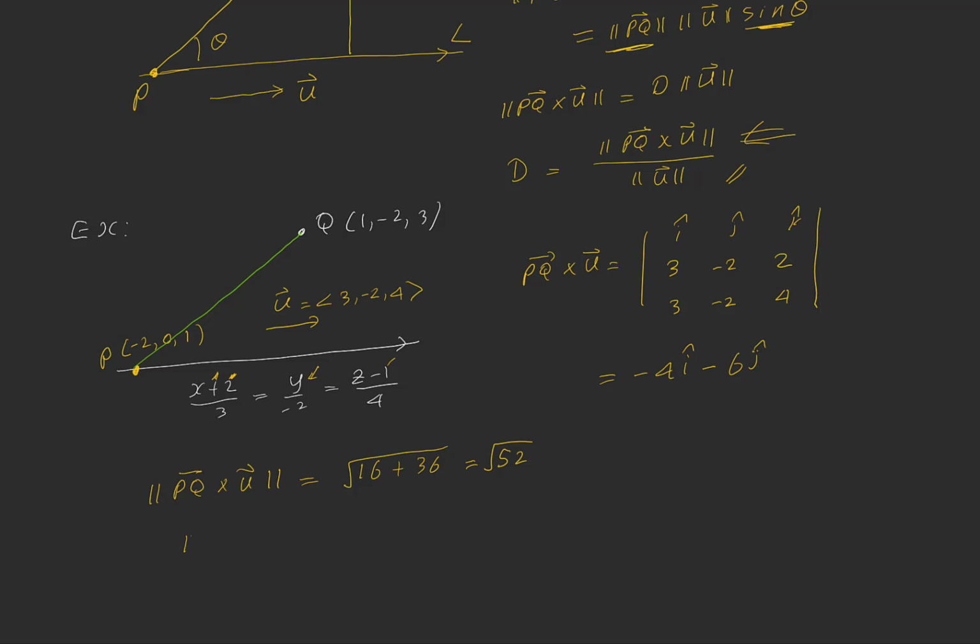And we need the magnitude of U, that is the square root of 3 to the power 2 plus -2 to the power 2 plus 4 to the power 2. That is the square root of 29. From these two, we can say D equals root 52 divided by root 29, which means root of 52 over 29. So this is the distance between the line and the point Q.